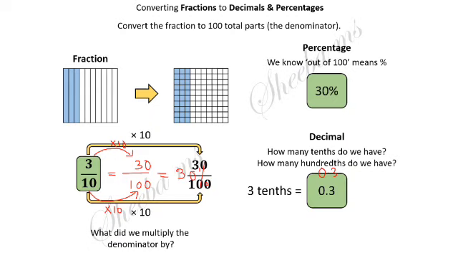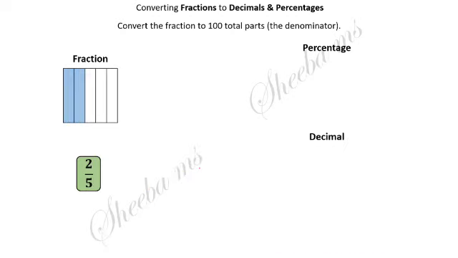Let us take another example. The fraction given is 2 by 5. We want to make it into percentage and decimal. Have a try. So 2 by 5 is in fraction form. To make it into decimal form, we want to know how many tenths and hundredths there are.